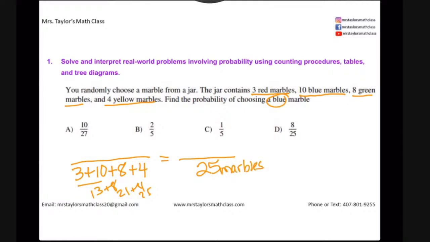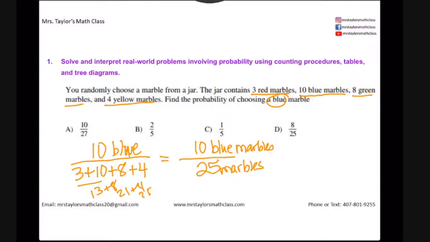And how many blue marbles do we have? We have 10 blue marbles. So this fraction is 10 over 25. Do you see it as one of your answer choices? No, you don't.